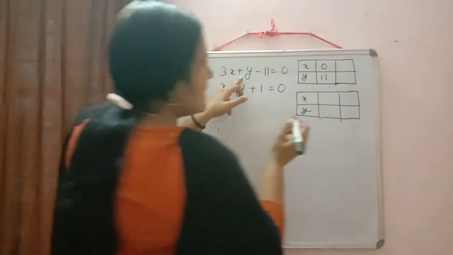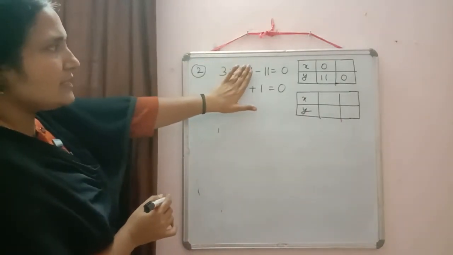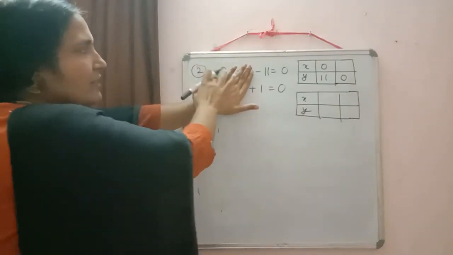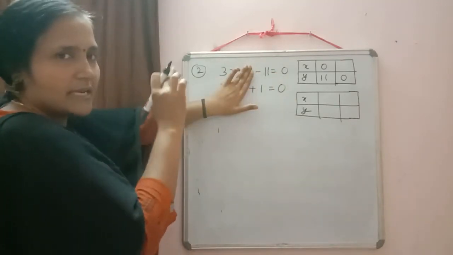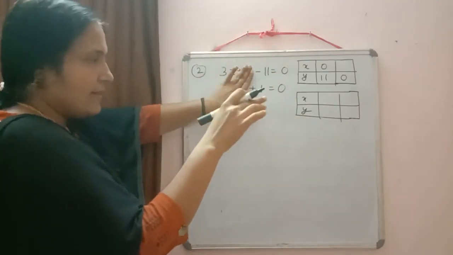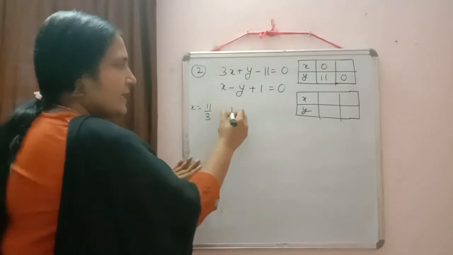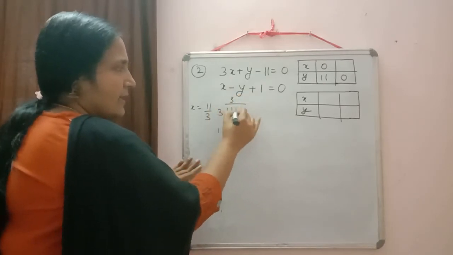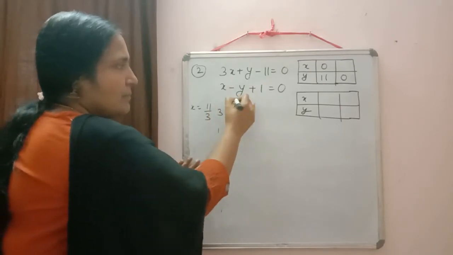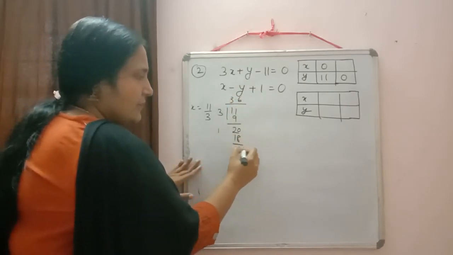Now put y equal to 0. This expression will not be there. We get 3x minus 11 is equal to 0, so 3x is equal to 11, so x is 11 by 3. To convert to decimal, 3 threes are 9, 11 minus 9 is 2, now we put a decimal. 3 sixes are 18, so it will go on repeating.